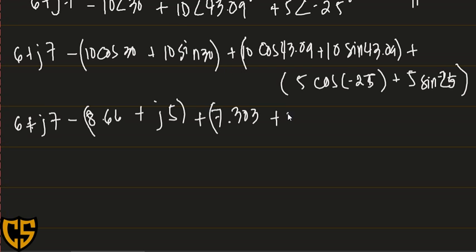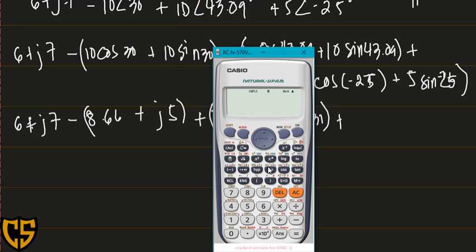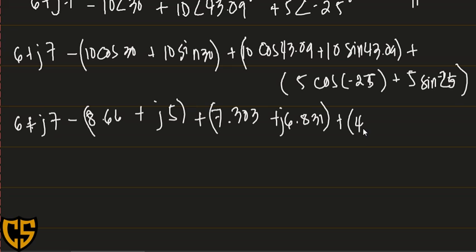Next, plus 5 cosine negative 25, which is 4.532.